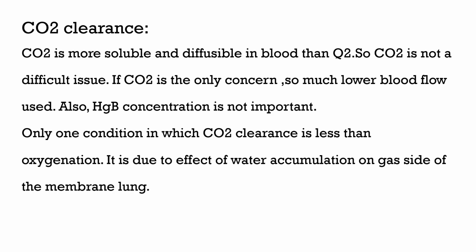The only condition where CO2 clearance is less than oxygenation is due to the effect of water accumulation on the gas side of the membrane. That's why, if we use a low sweep gas, we should do at least three times per day ventilator sneezing, by increasing the sweep gas to 10 to 15 liters per minute for 10 seconds, to wash the water from the oxygenator side, then we return back to our sweep gas used.